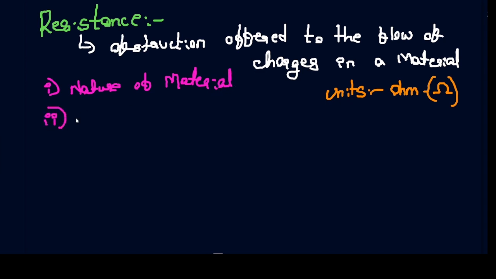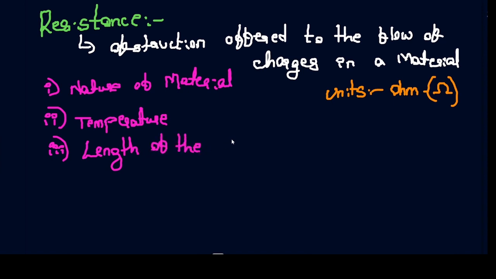The next thing is temperature. Resistance increases with temperature, right? The third one is the length of the conductor. If length increases, then resistance also increases.